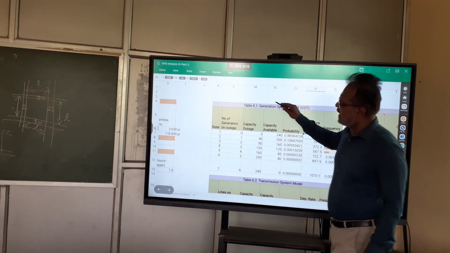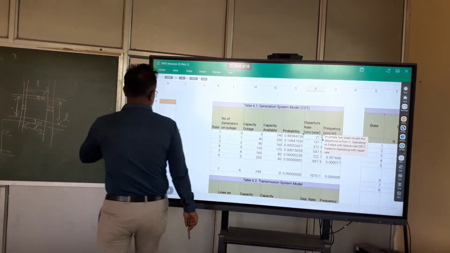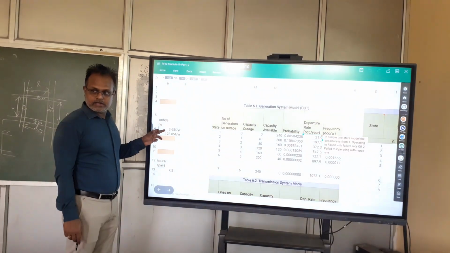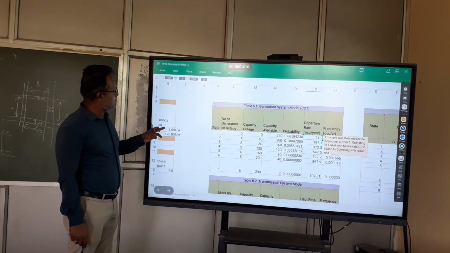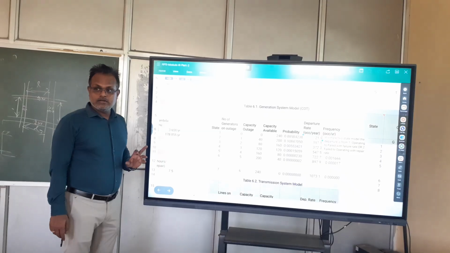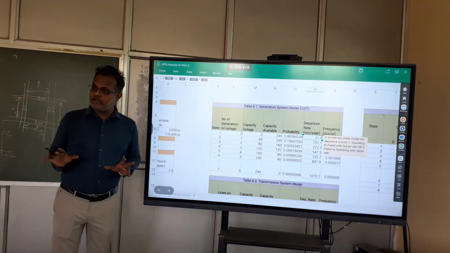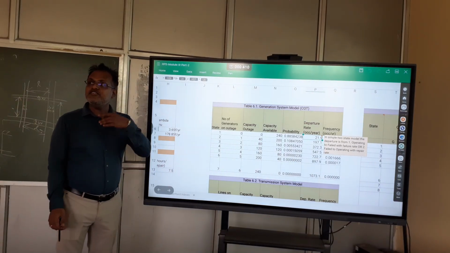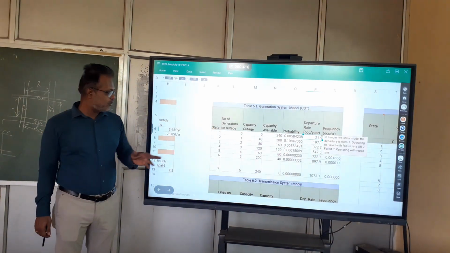So this is S6. What is S6? The failure rate into 6 minus 0, because no generator is out, all are operating. All 6 generators can fail, so the departure rate is from operating to failure for all 6 generators.